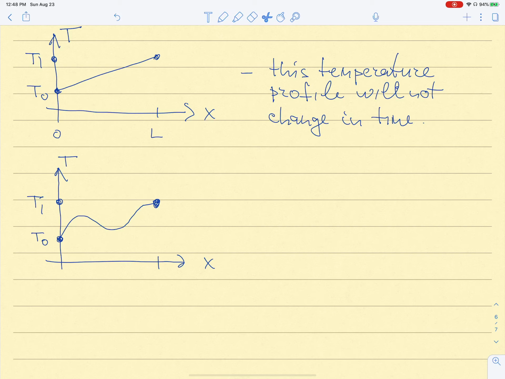So what will happen is that heat will flow from this region and this region towards here. And so the temperature as a result will rise at the point that is circled now, and it will probably fall at the points here and here. So therefore, this temperature profile is not stationary, and it will change.